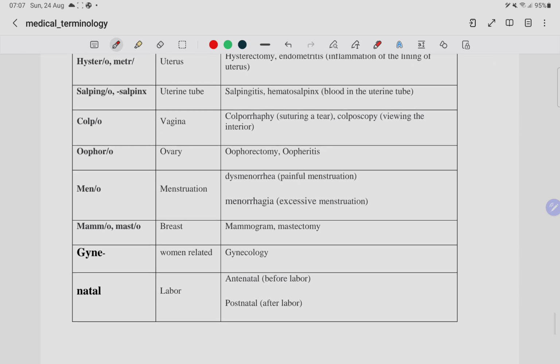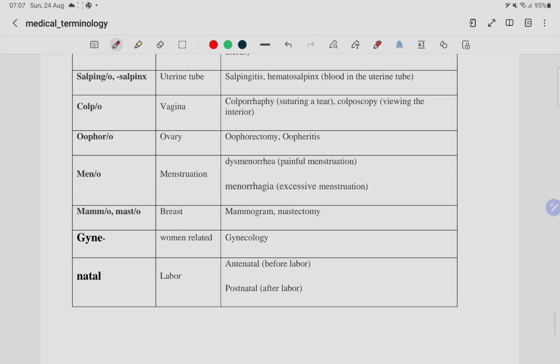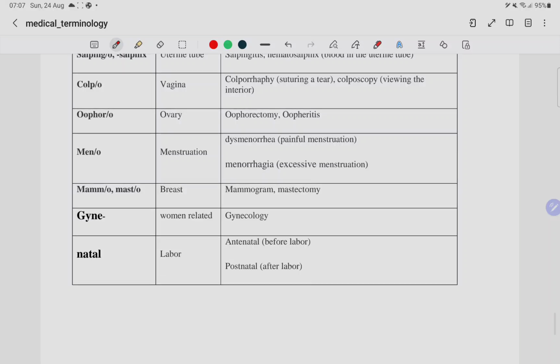Colpo means vagina, so colporrhaphy means suturing a tear in the vagina. Or colposcopy means viewing the interior surface of the vagina. Oophoro means ovary, so oophorectomy means removal of the ovaries, and oophoritis means inflammation of the ovary.